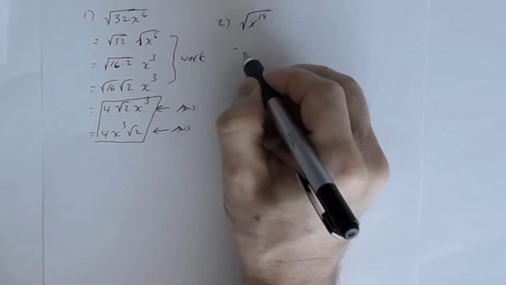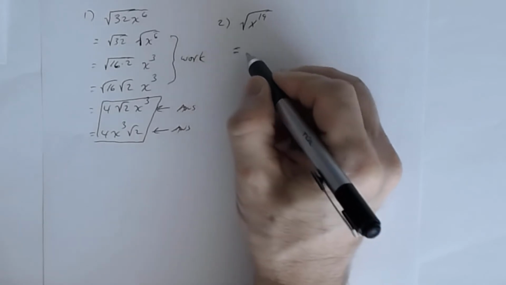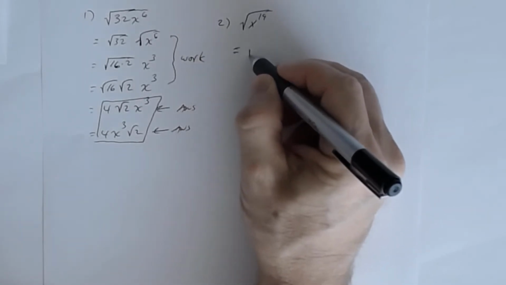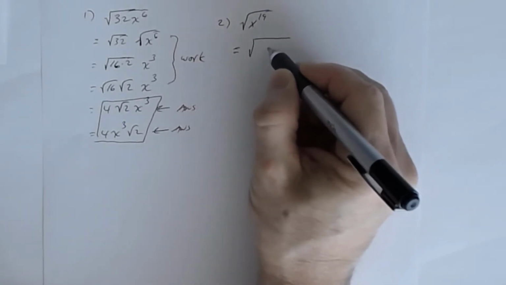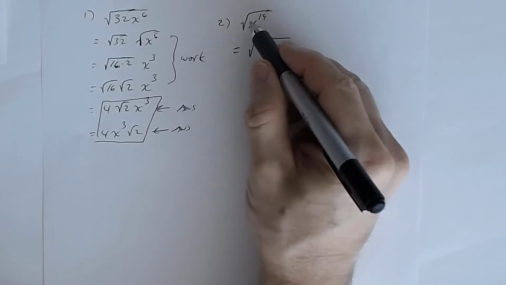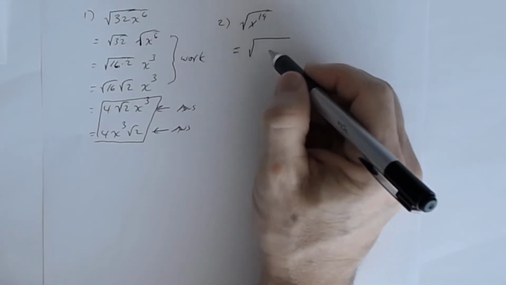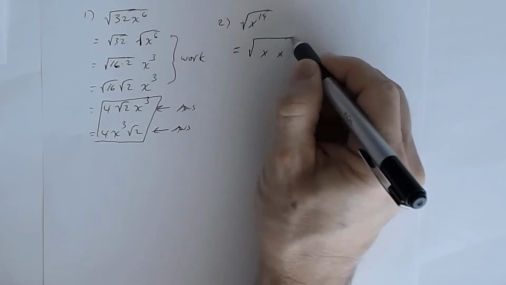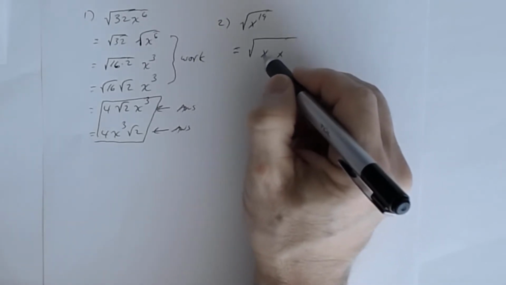Listen to the way we did that. If you recall our lessons, you want to rewrite x to the 19th as a product of two factors of x.